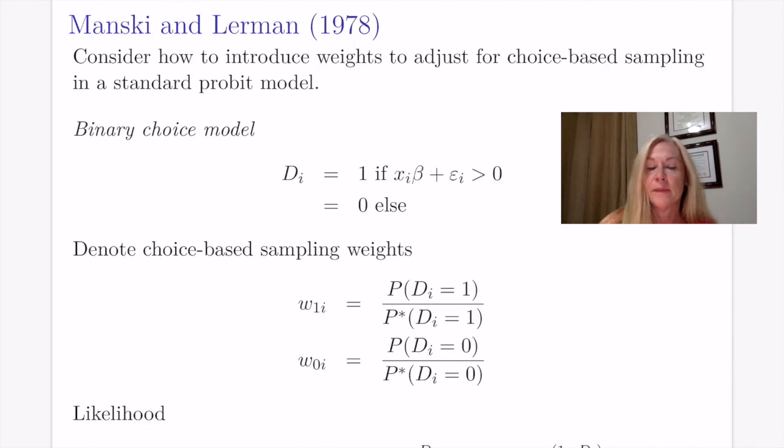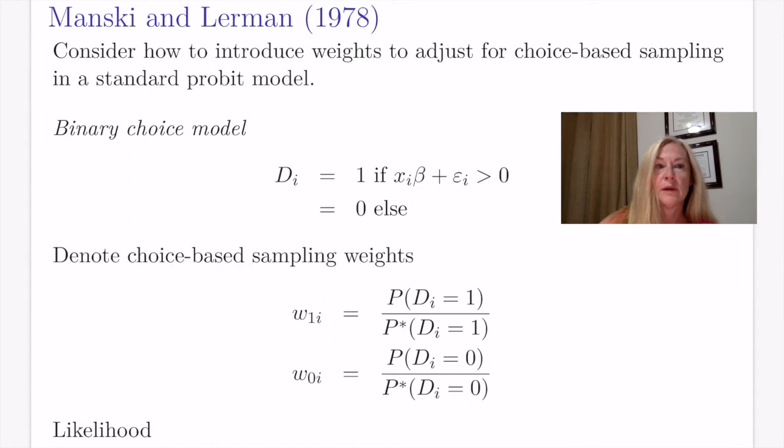So the weights are always this ratio, and here is the likelihood. I should mention that the subject matter comes from Manski and Lerman's work. This is an Econometrica paper from 1978, so it's an older Econometrica paper.